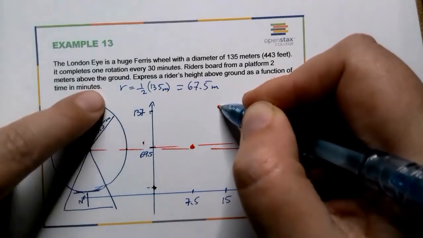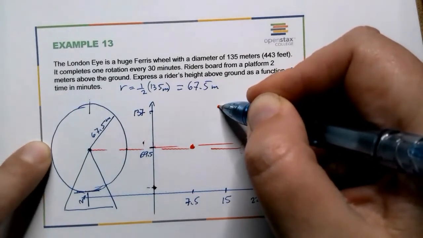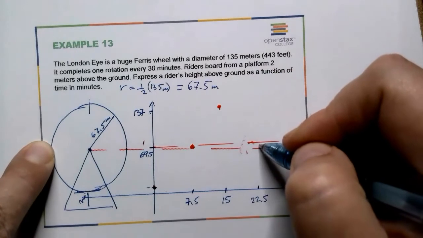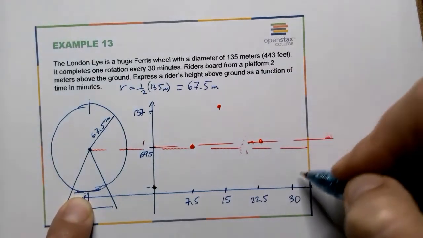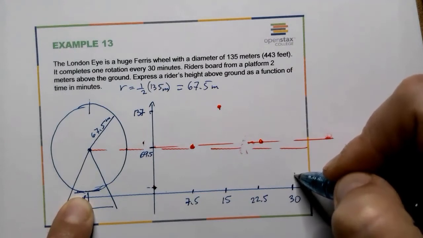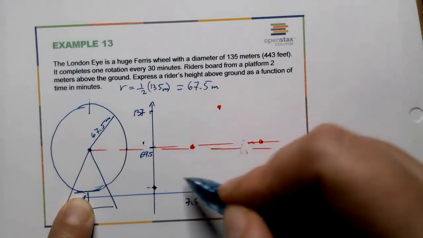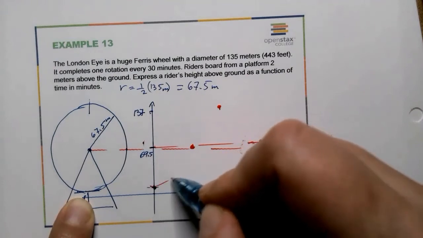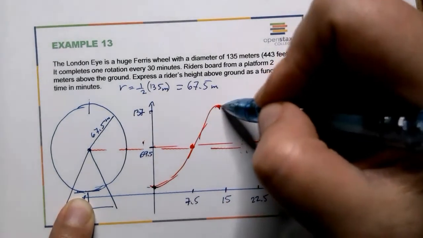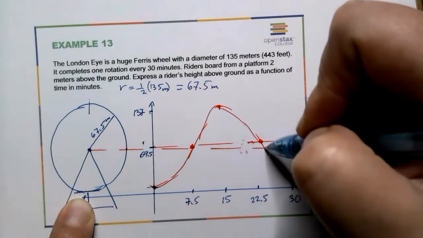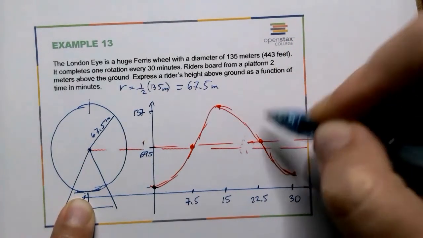And then 7.5 minutes more, they're back to the midline, and then they're down here again. And the revolution is complete. The full rotation is done. So a function is going to look something like this.